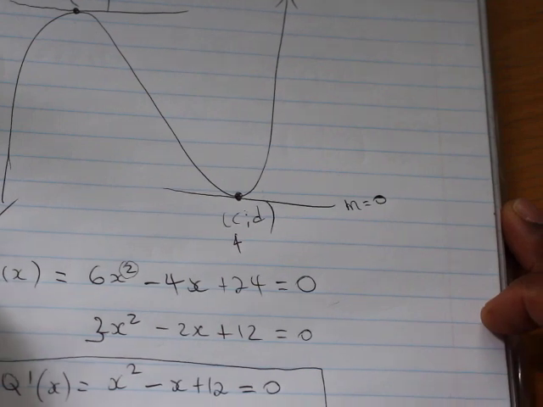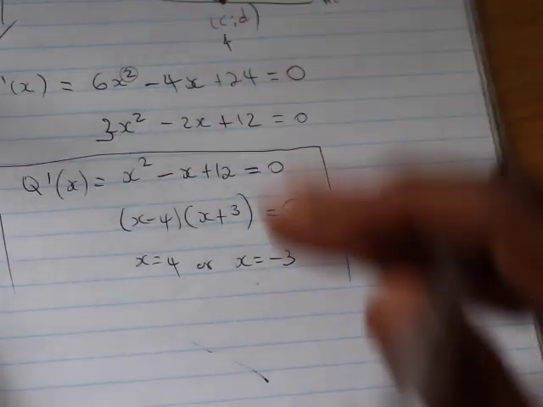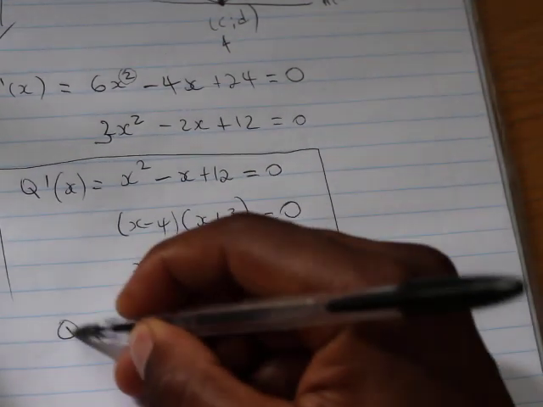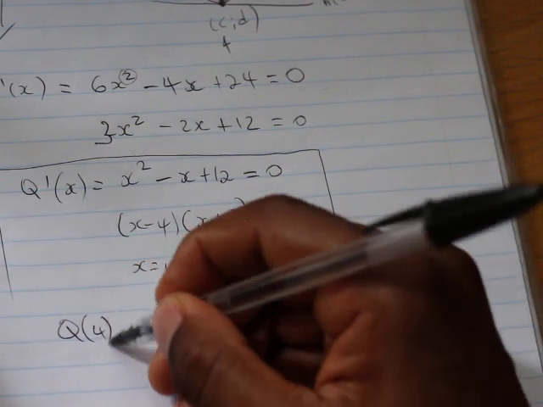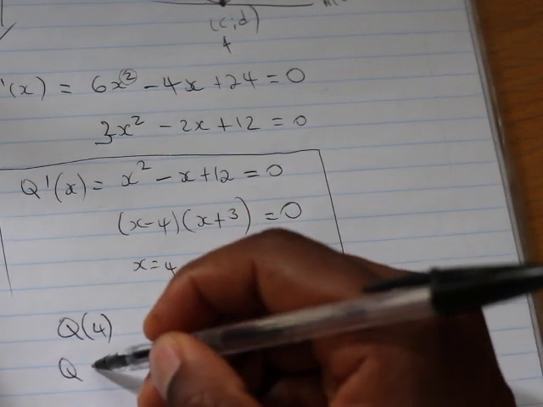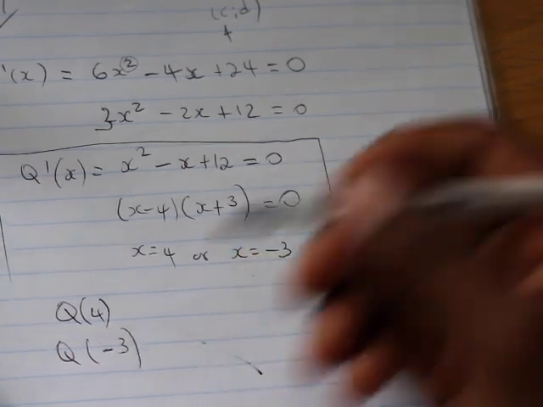So now let's go back to our function and substitute. So we go back to q of x, not q prime of x. In q of x we substitute 4, and then we also substitute minus 3.